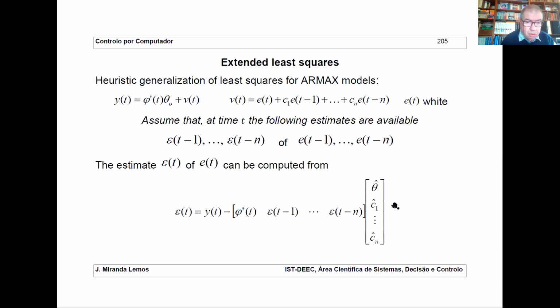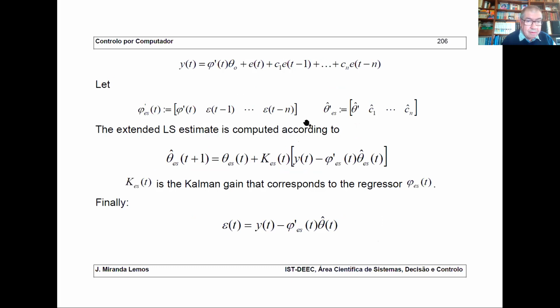And you update the vector of estimates, not considering just theta, but theta enlarged with the c's. So the algorithm works in this way. I define an extended regressor, which is the original regressor plus the estimates of the white noise, and an extended vector of parameters to estimate, which is the original vector of parameters plus the coefficients of the noise, C1 up to Cn.